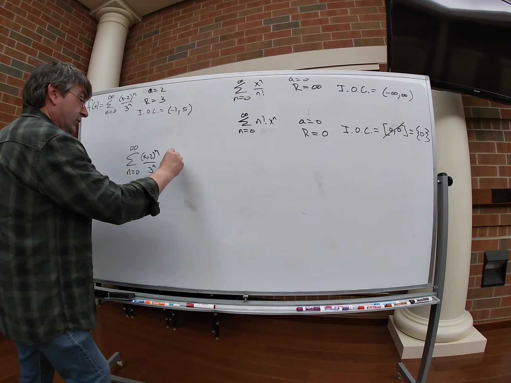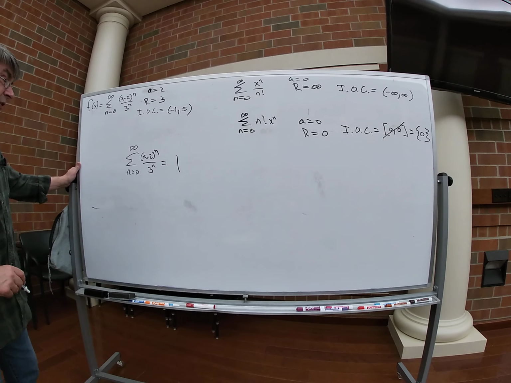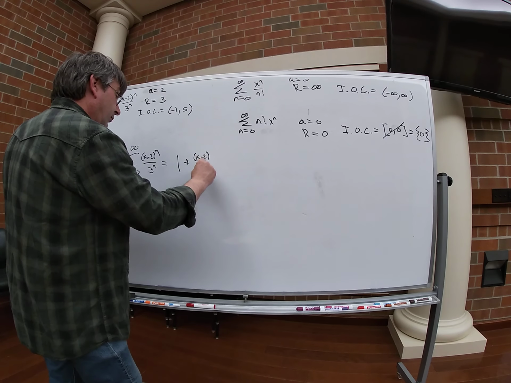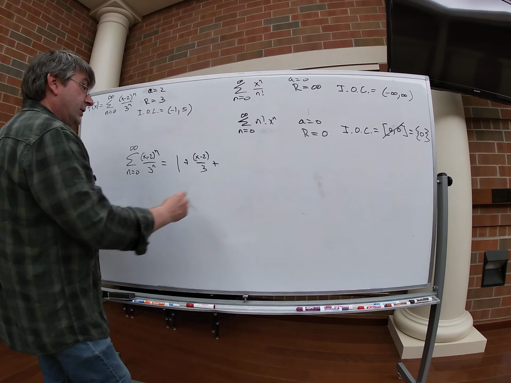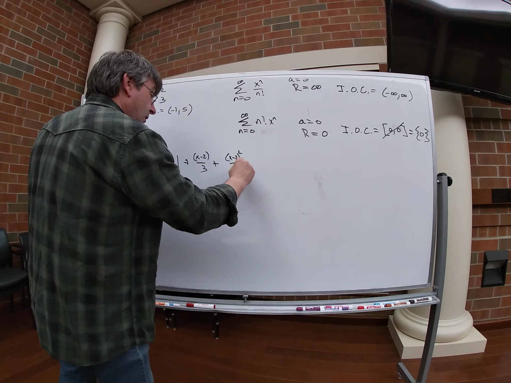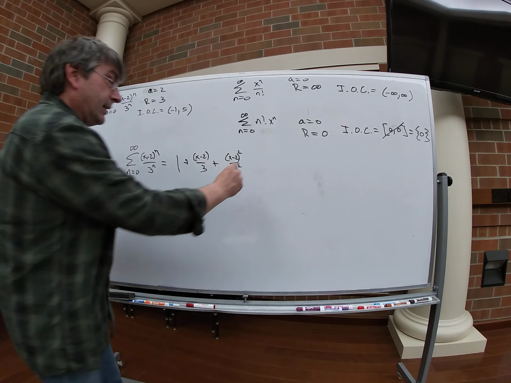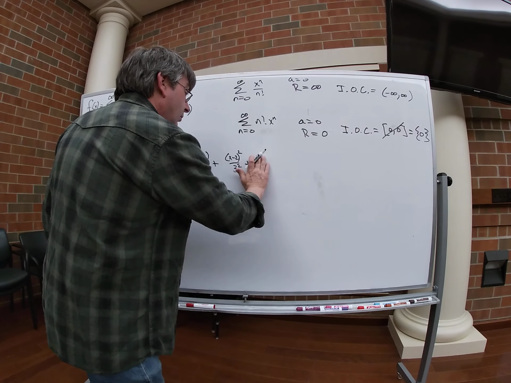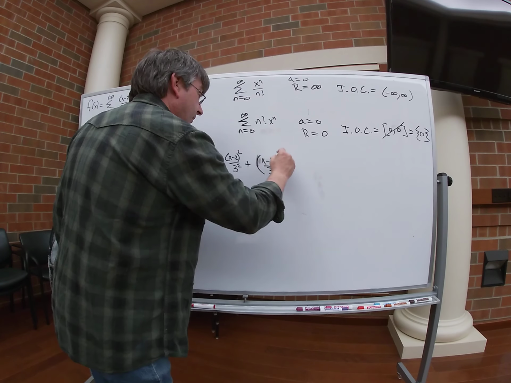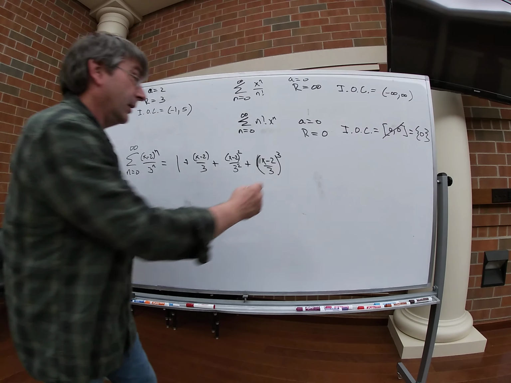My first term is 1, everything to the 0. My next term is (x minus 2) over 3. Right? My next term is (x minus 2) squared over 3 squared. Or I could write that the next term would be the quantity (x minus 2) over 3, cubed, etc.